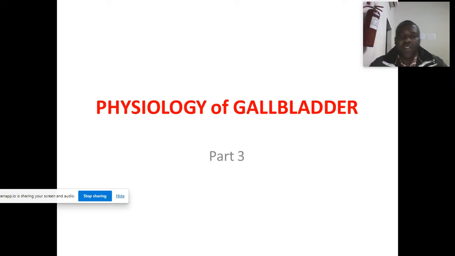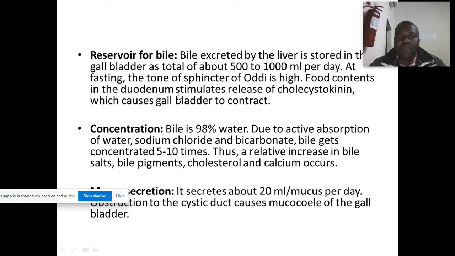Now, physiology of the gallbladder. What is its function? What does it do? Why is it there? Very straightforward. It's a globular structure, as I mentioned. So, one, it stores bile. Bile is very important.